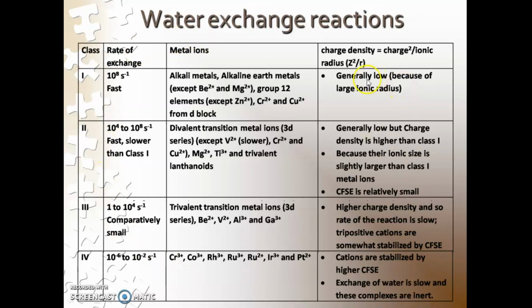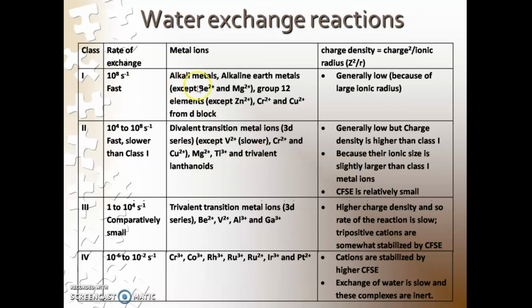So what do we understand from the whole table here? Now there are two different parameters that operate in the water exchange reaction. One is the charge density and the other is the CFSE values. Now the CFSE values are predominant only for the low spin complexes. Now when we have the high spin aqua complexes, then the charge density plays a major role in deciding the rate of the reaction.